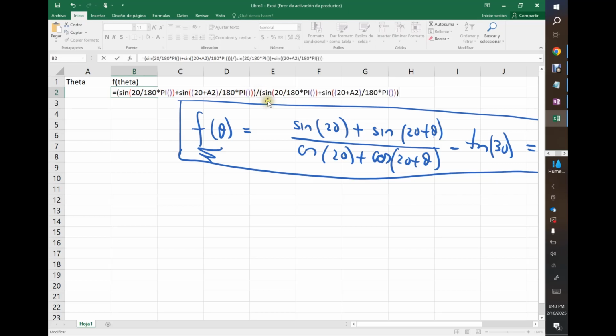Now except that instead of sine here it is cosine, and instead of sine here it is cosine as well, and that looks good. If I screwed up, let's see.